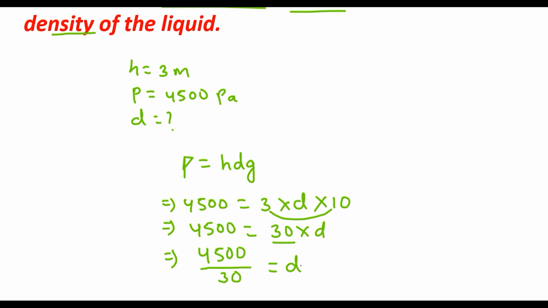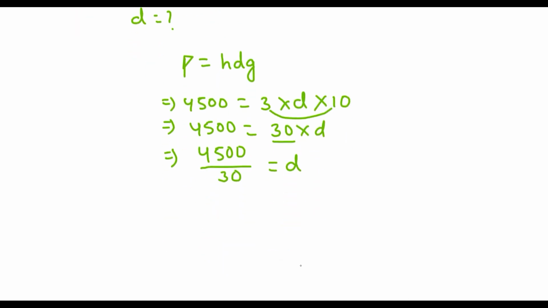So when 30 comes to this side, it goes in division. When we calculate 4500 divided by 30, we get 150.